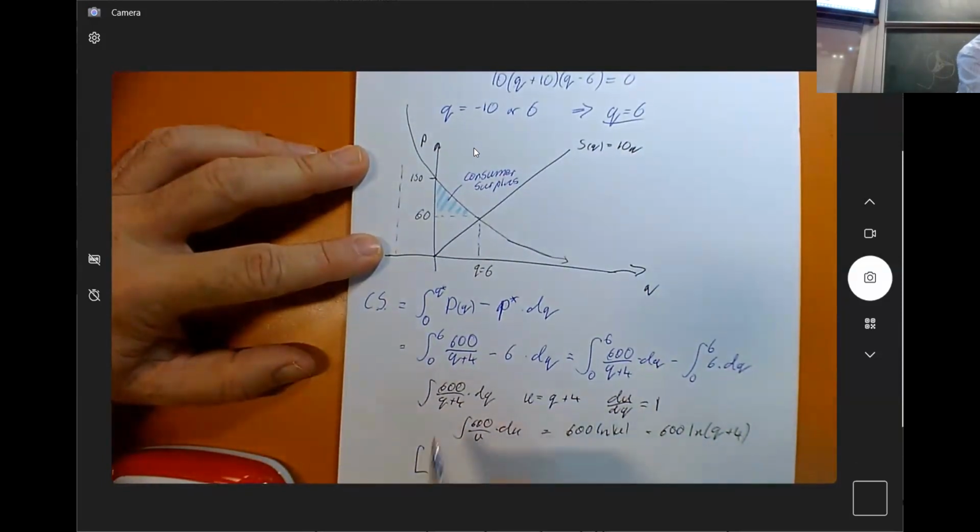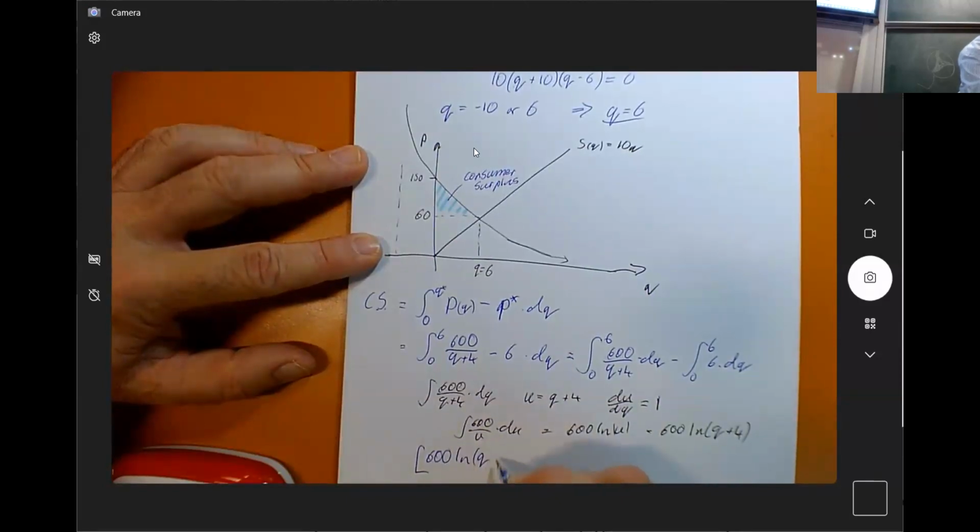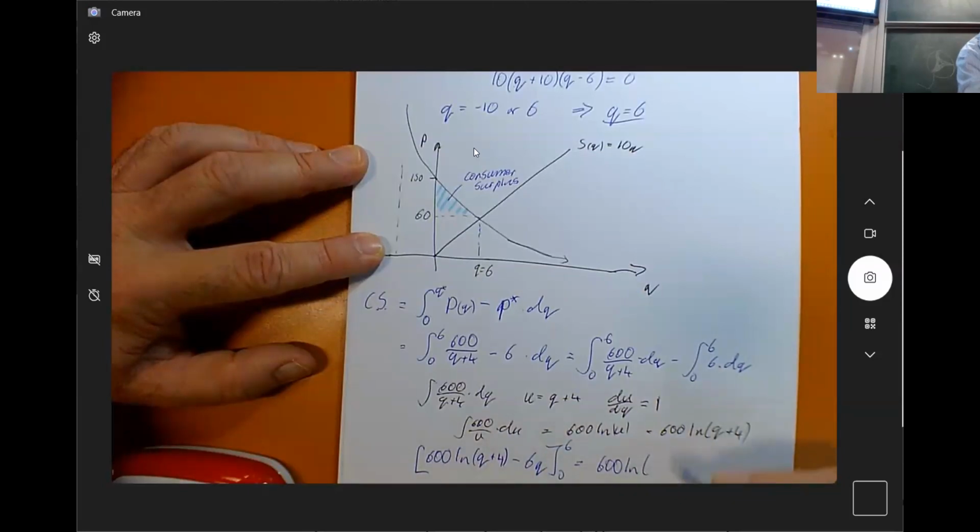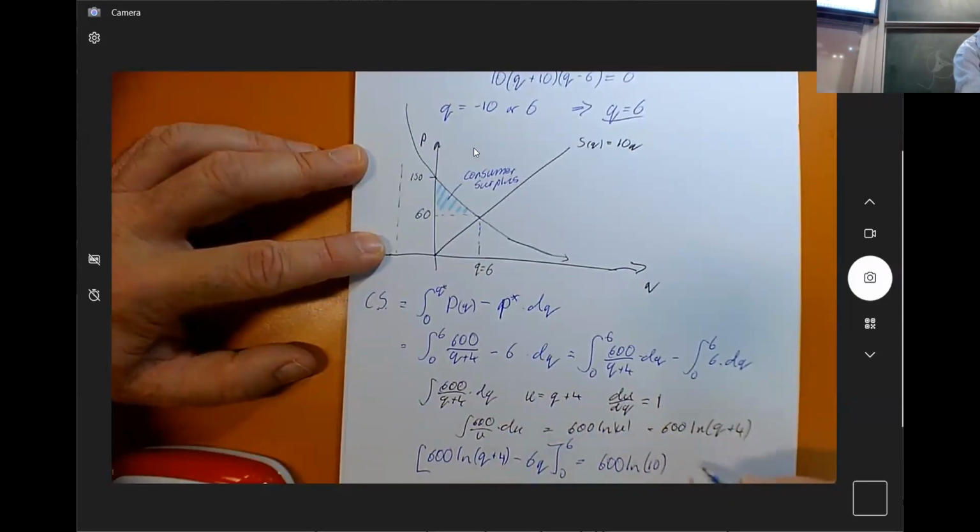So this is going to be 600 ln of q plus 4 minus, I'm just going to go 6q, because we should be okay with that. And so we are going to get 600 ln of 6 plus 4, which is 10, minus 6 times 6, minus, and then we're going to have brackets.